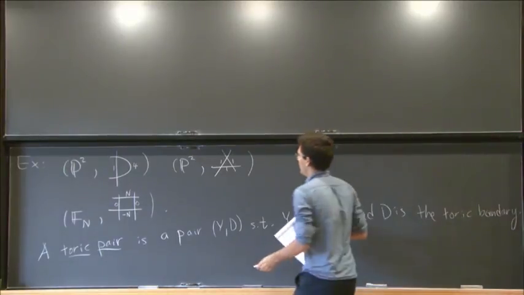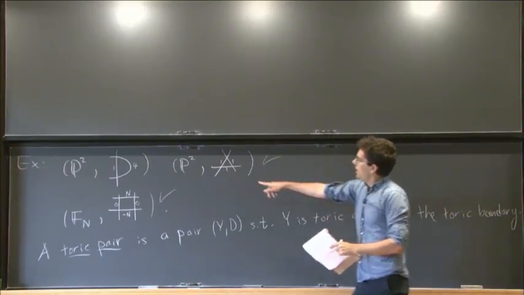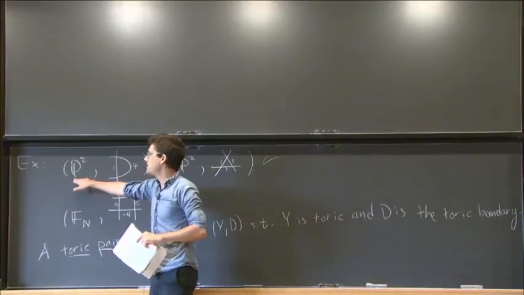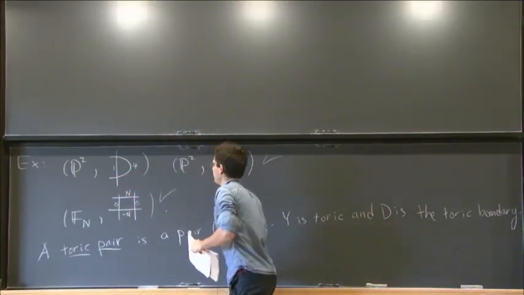So for example, these two pairs are both toric pairs, but this one is not. Even though P2 is a toric surface, this is not the toric boundary of P2.